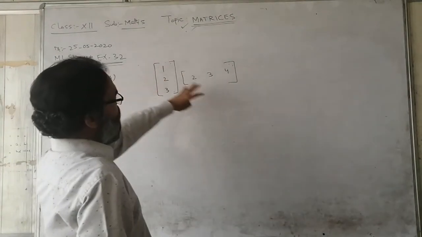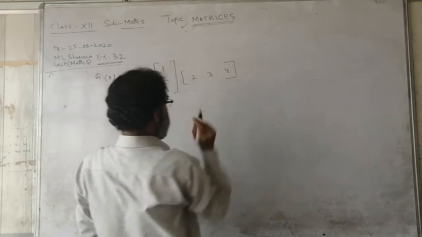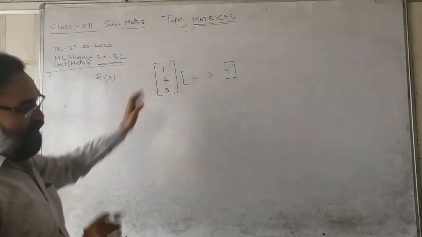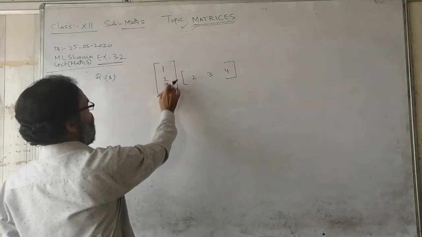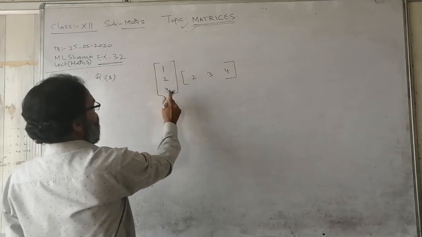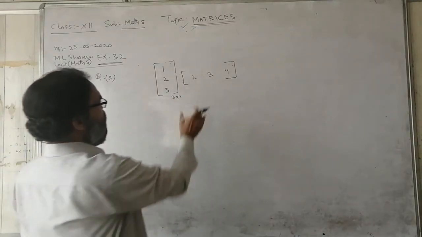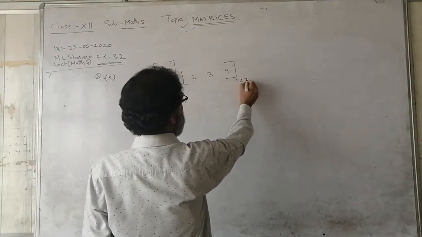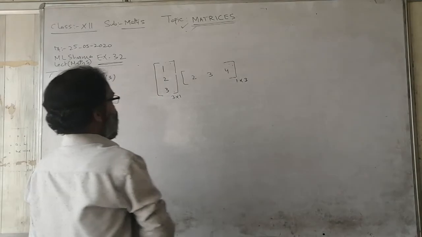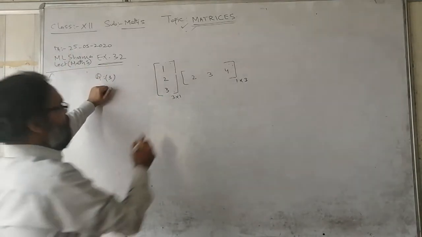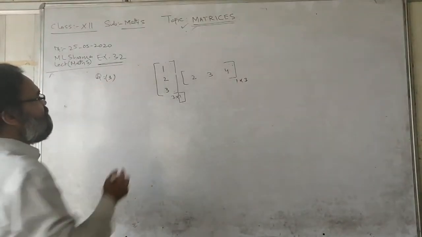Before I solve the 7th question, let me take this question. So let us see first whether their multiplication is possible or not. Now we have to check the order of this matrix. It's 3 rows and 1 column. And this matrix has 1 row, 3 columns. So the number of columns in this matrix is only one column, that is C1.